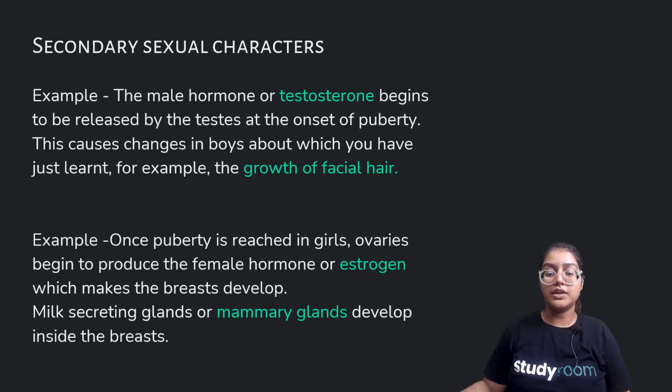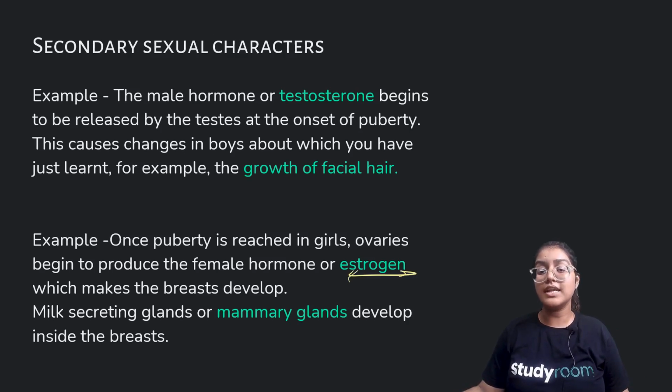Once puberty is reached in girls, ovaries begin to produce hormones. The hormone which specifically belongs to girls is estrogen. It's not necessary that boys will only have testosterone and girls will only have estrogen.